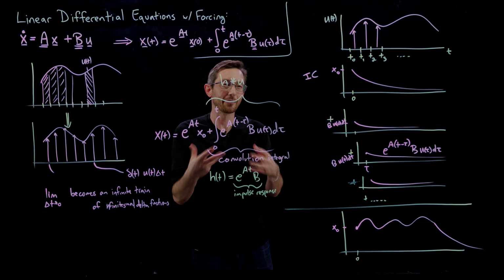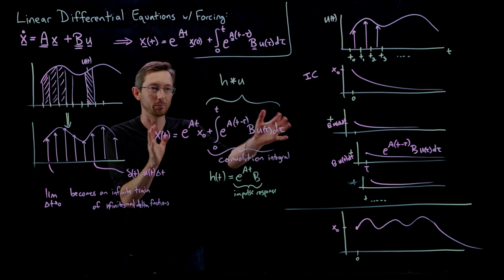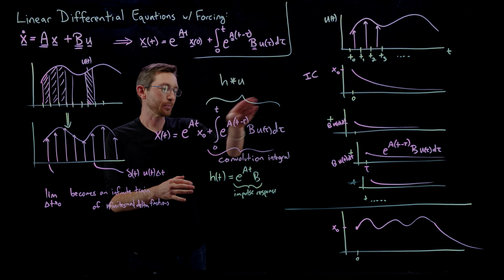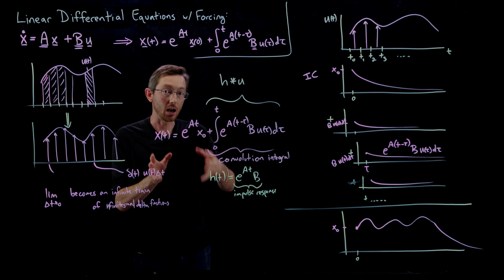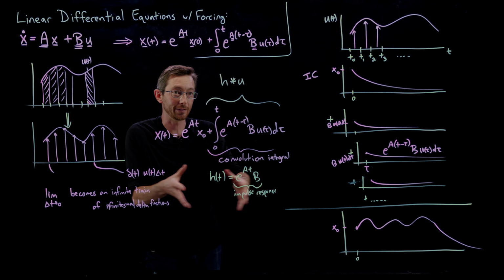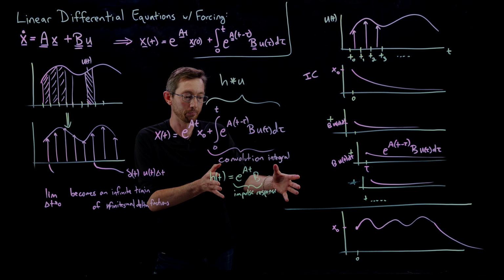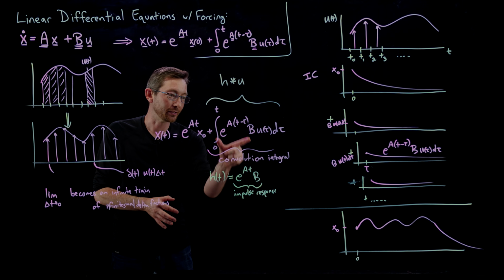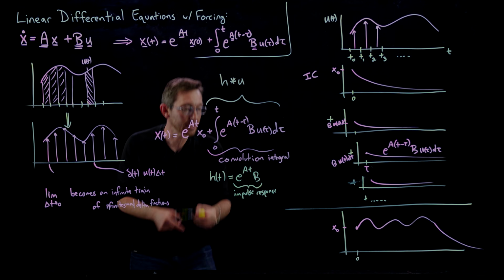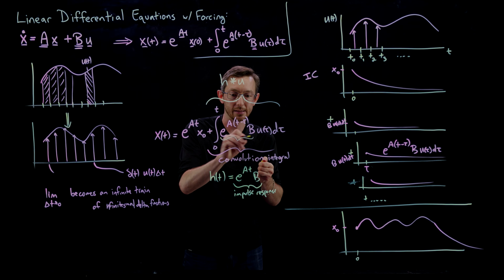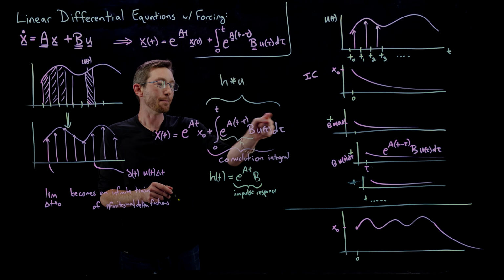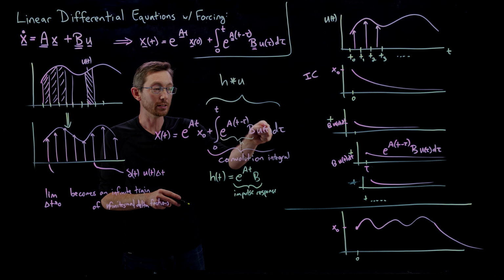And so now we can understand this pretty simply. This response here is just the convolution, or the continuous shifting integral, or shifting sum, of all of these teeny tiny little impulse responses h, with the magnitude of u delta t.